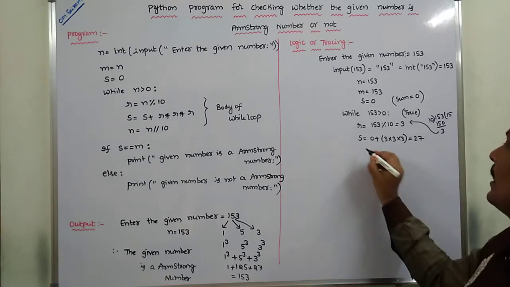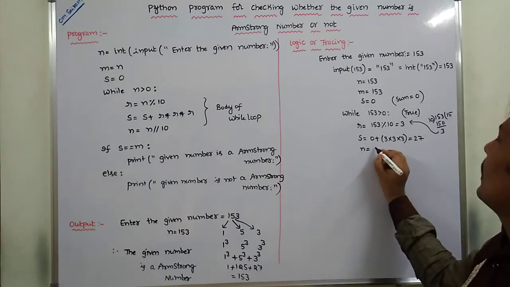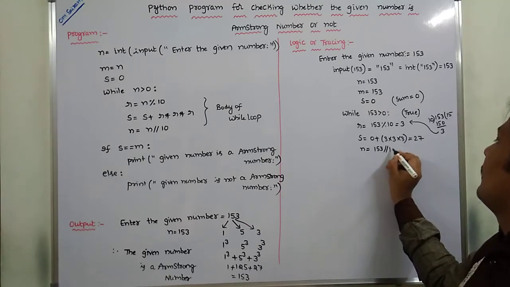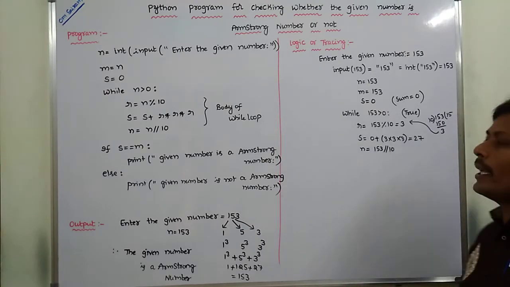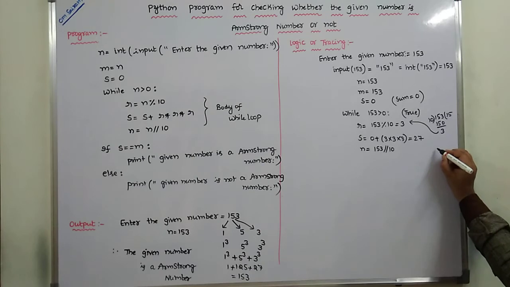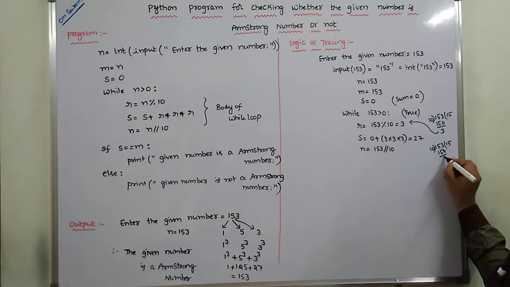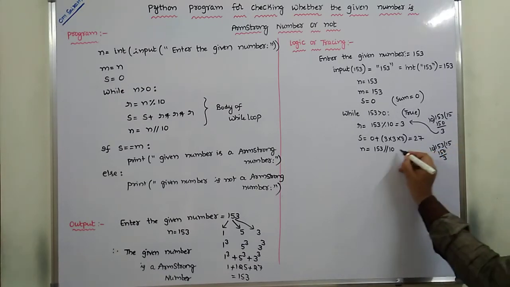Next, n is equal to 153 divided by 10. So 153 is divided by 10. What quotient are we getting? 150, remainder 3, quotient is 15.